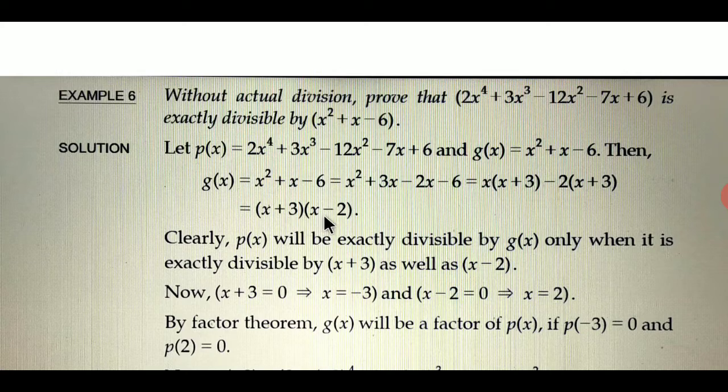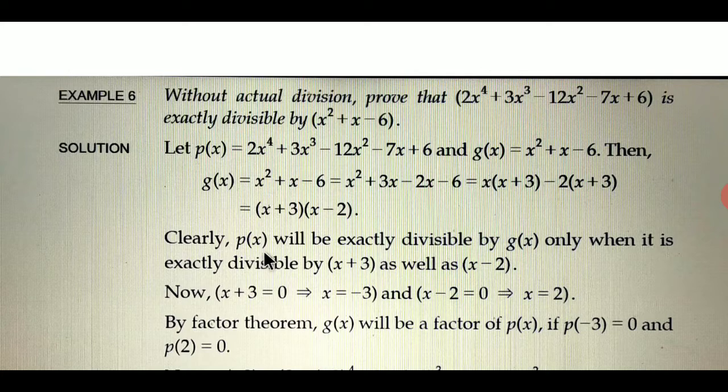Look, these two are linear polynomials. Okay. Now this p(x) will be exactly divisible by g(x) if this p(x) is divisible by this x plus 3 as well as this x minus 2.